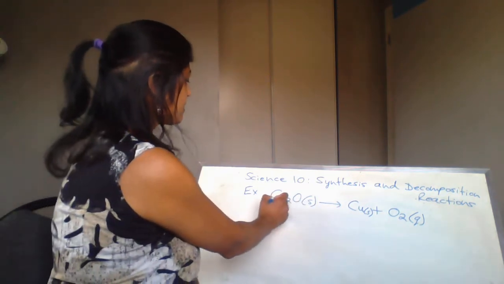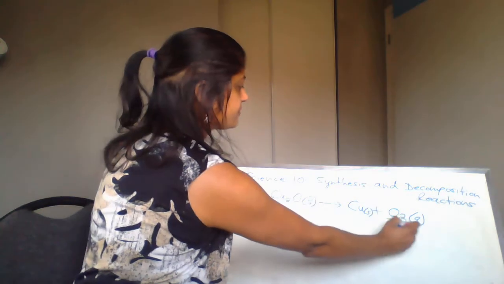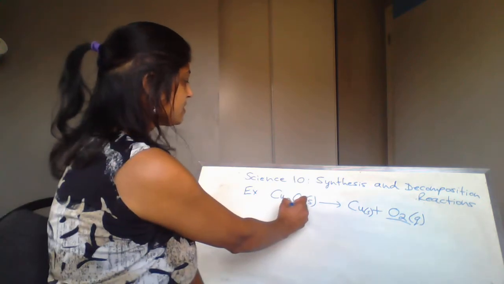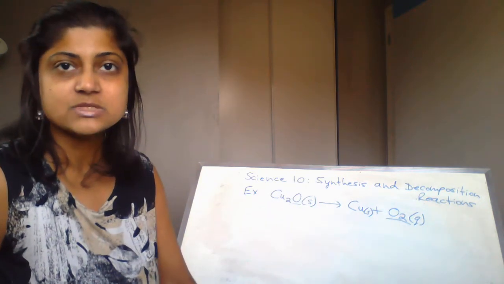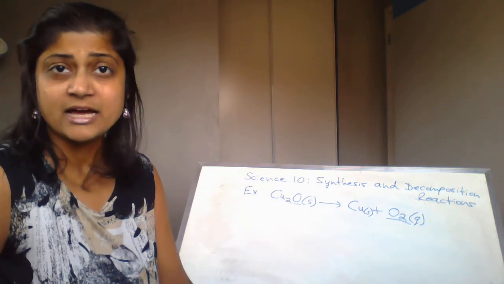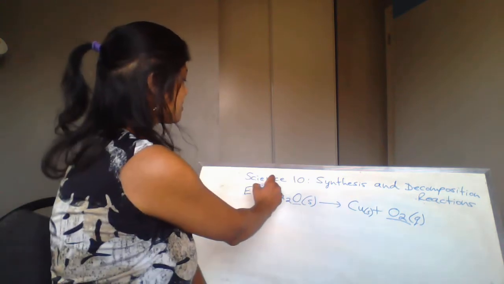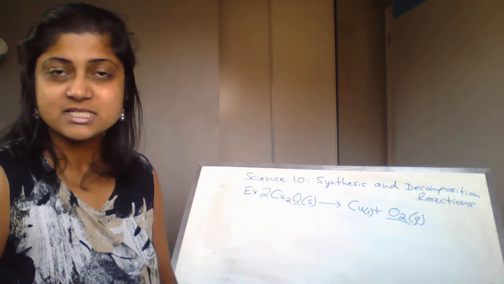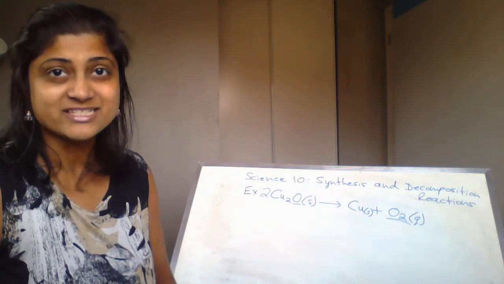So here I have actually 2 copper. Let's try with oxygen. There are 2 oxygen on the product side. There is 1 oxygen. Because I don't see any numbers beside the oxygen atom, there is only 1 atom of oxygen. So I'm going to put a 2 in front here. So now you can see as soon as I put a 2 in front, I have 2 oxygens on the reactant side.